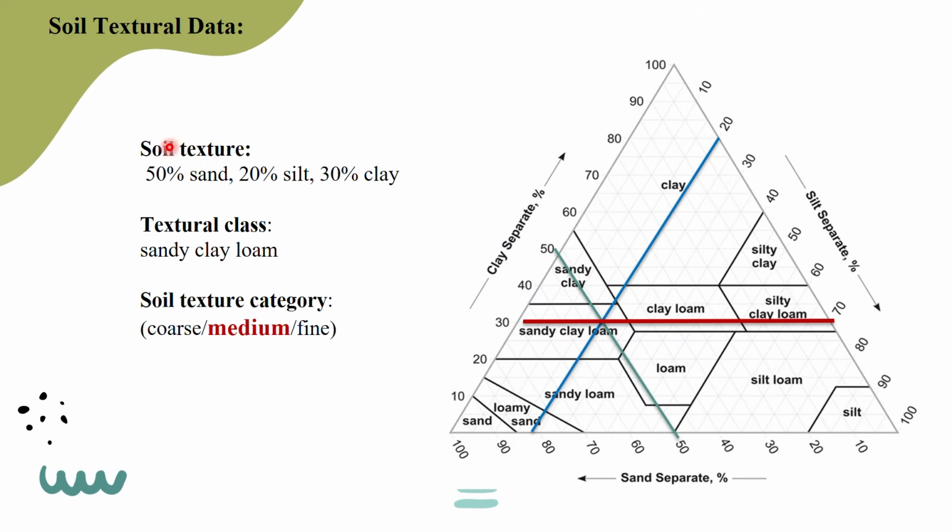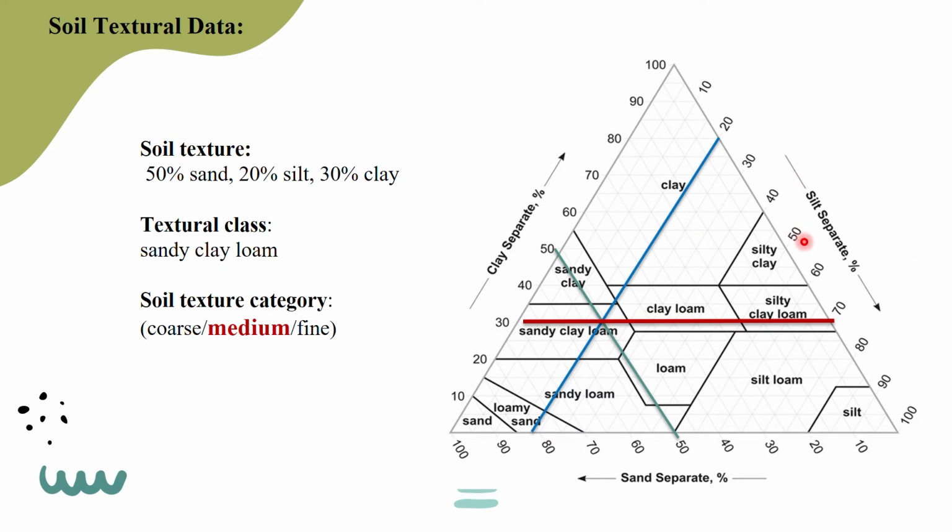The soil texture of cucumber soil has 50% sand, 20% silt and 30% clay. As you see here, we have a triangle which shows different types of soil. If we start with the sand, we have 50% and we draw a line to the other side. Then for the silt, we have 20% and also draw a line to the other side.